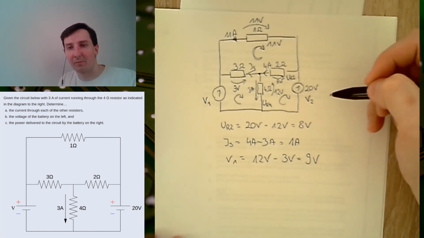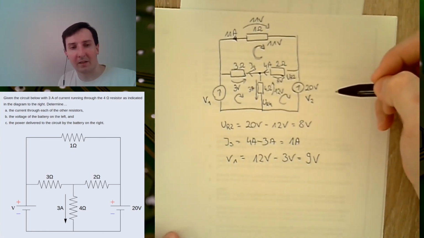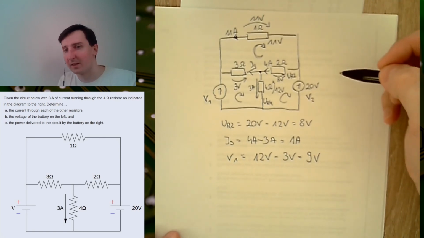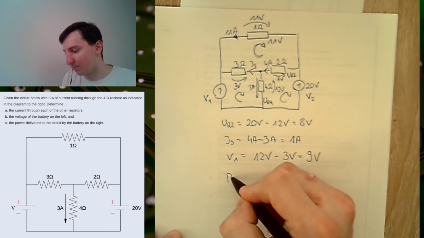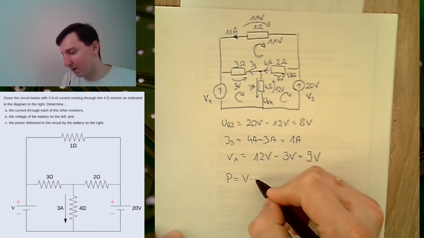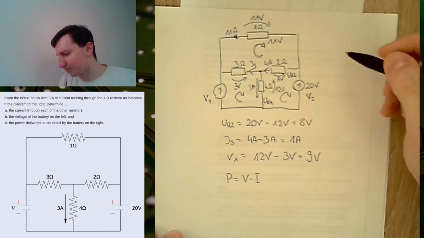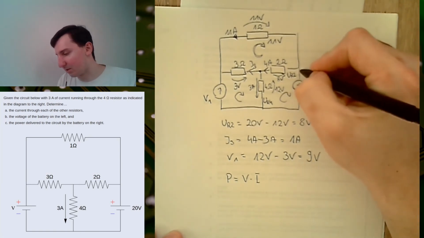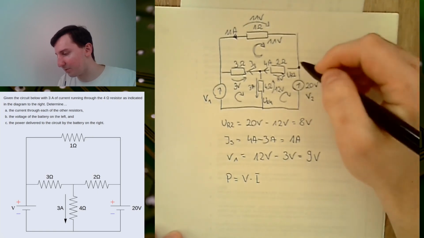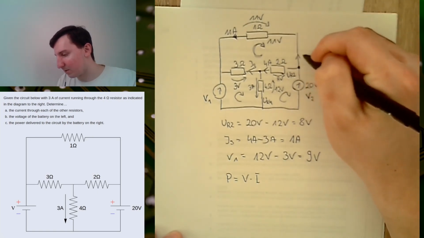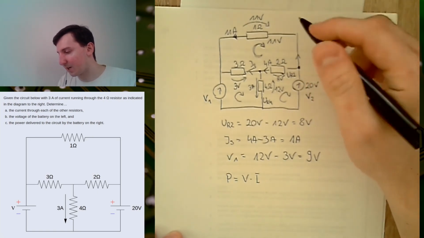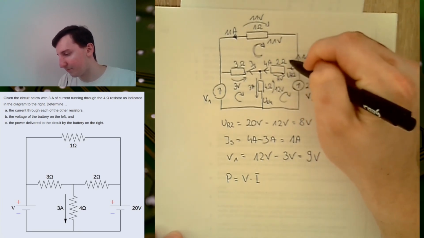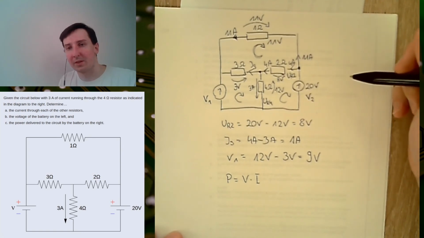We have almost everything to calculate the last part, which is the power delivered to the circuit by the battery on the right. Power will be simply voltage times the current. We know the voltage, we don't know the current yet, but we have noted here that the outgoing currents are 11 amps and 4 amps, which was calculated before.